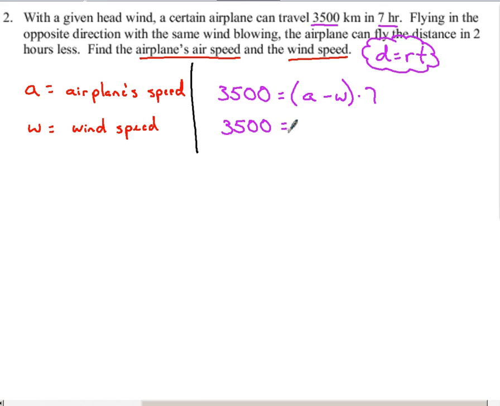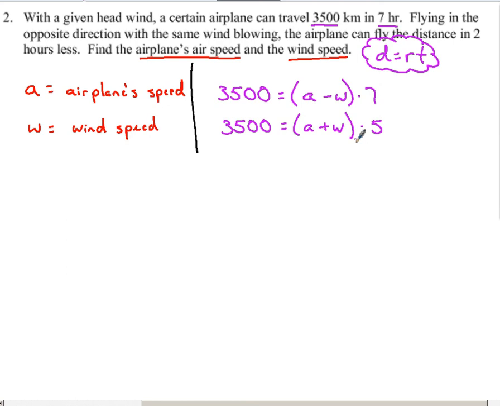So 5 hours. We know that's going to go at the end here. But that's going to be flying in the opposite direction with the wind blowing. So the wind's helping, right? Before, flying into the wind, you had to take it away.